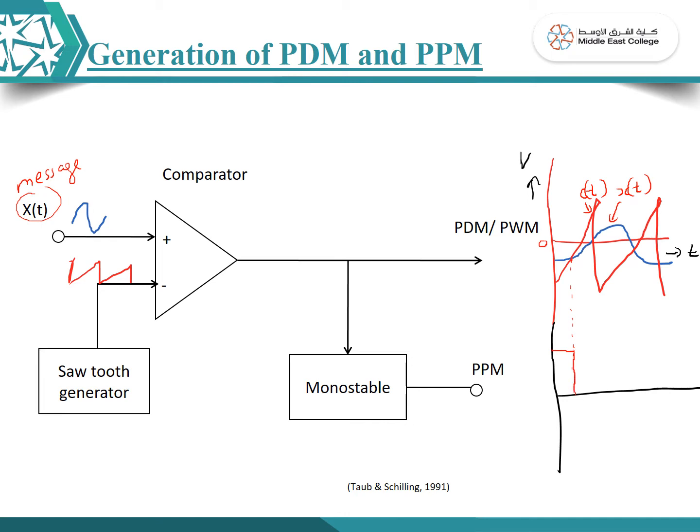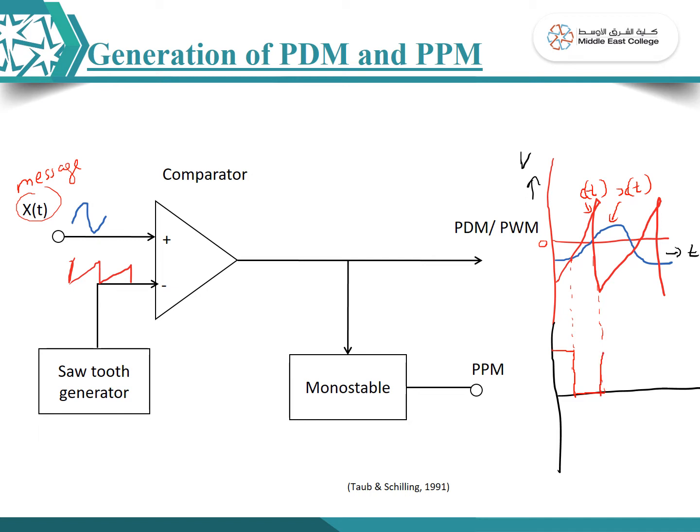Now, fine. Now see here, from here till here. If you look from here till here, which is higher, blue or red? The blue is lower than red, that is, the positive terminal voltage is low, so the output is low. Normally I should draw it as a negative value, but here I am drawing it as 0 only as an example, as the supply voltage of the comparator may be 0.